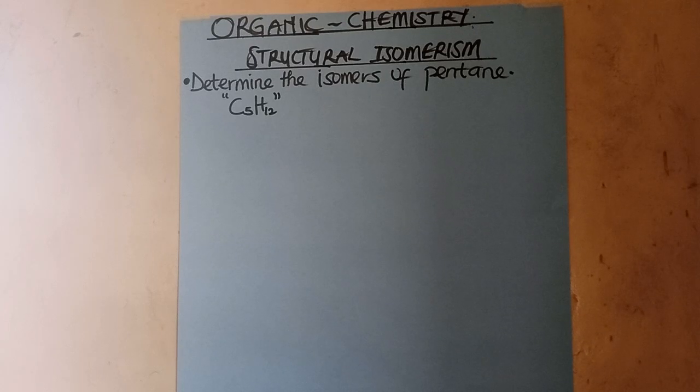So how can we determine the isomers of pentane, in which the molecular formula is C5H12? The first thing to do is for me to draw the structure of pentane itself. When I say picture, I am referring to structure.